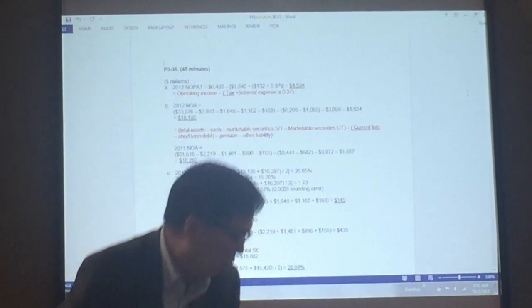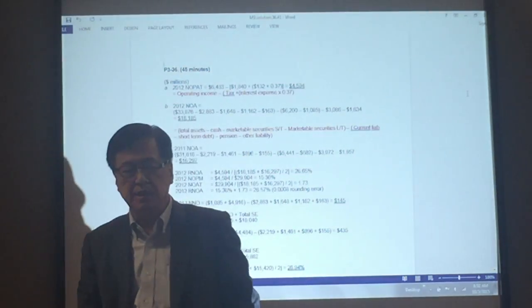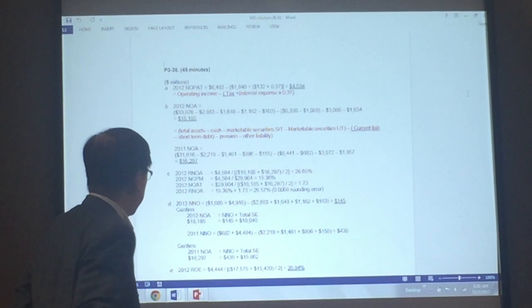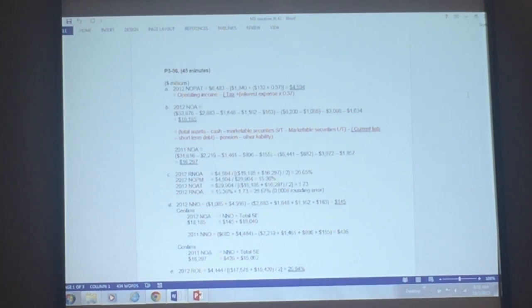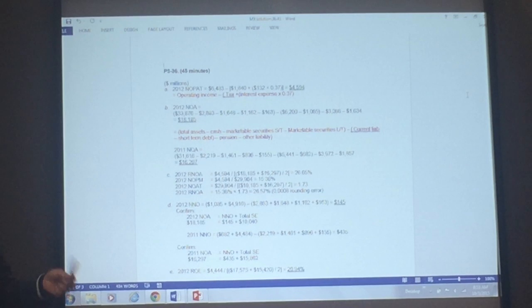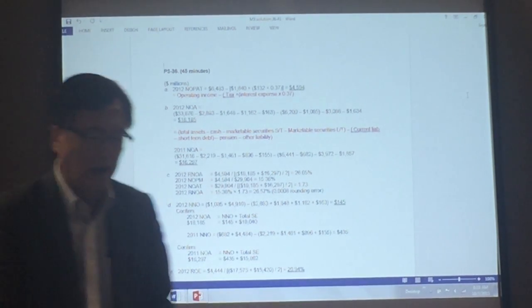For the income statement and balance sheet, I will let you know which item is operating or non-operating. In other words, without knowing the operation inside and out, we don't know whether an item is operating or non-operating.